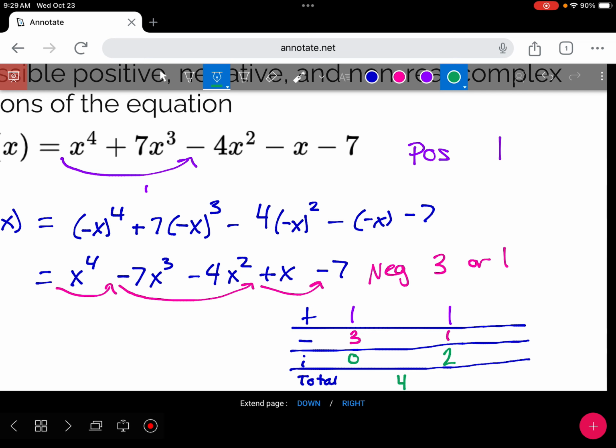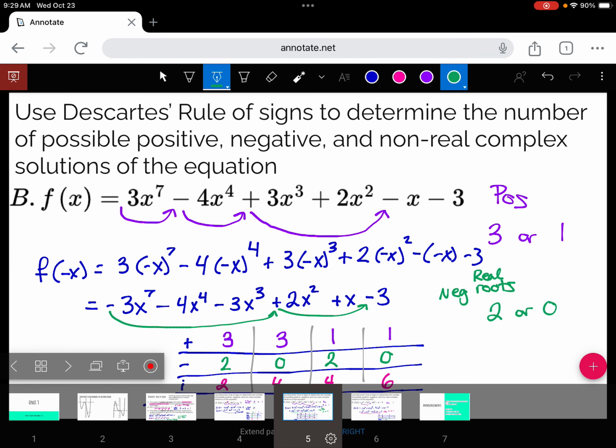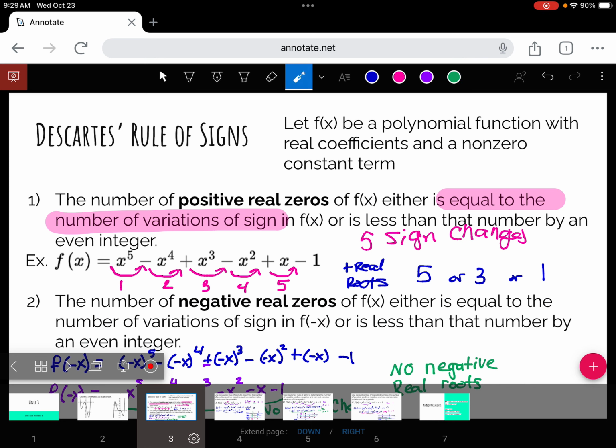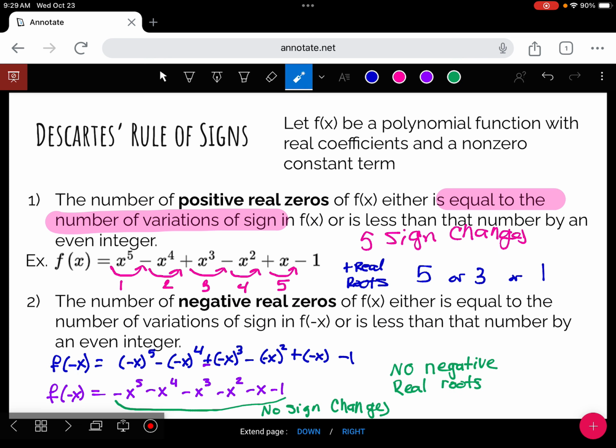Because there's 3 sign changes, and then we count down. So we subtract 2 until we get down to 1 or 0. Because it could be 3 or it could be 1. Just like when we had, where was the one that had lots? The first one. We had 5, or it could be 3, or it could be 1. Because it's less than that number by an even integer.